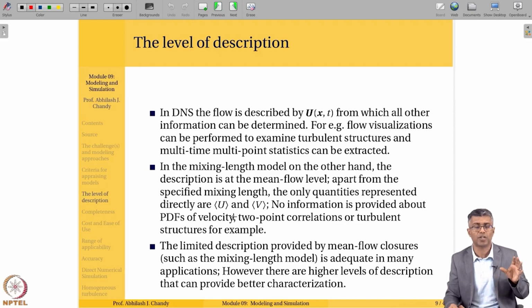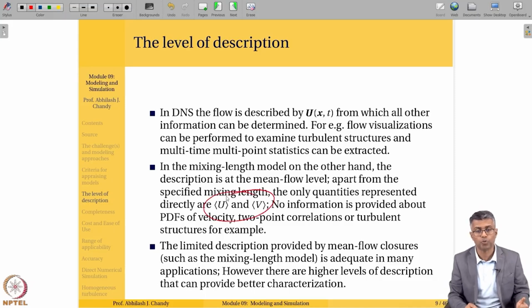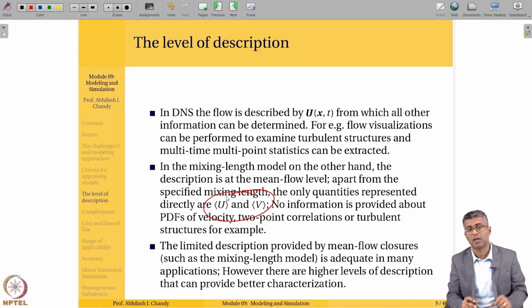So we are only considering X and Y direction, for example. So U mean and V mean. That's what we mean by this. No information is provided about PDFs of velocity, 2-point correlation, turbulence structures, nothing. Your only level of description is the mean velocity, U mean and V mean.